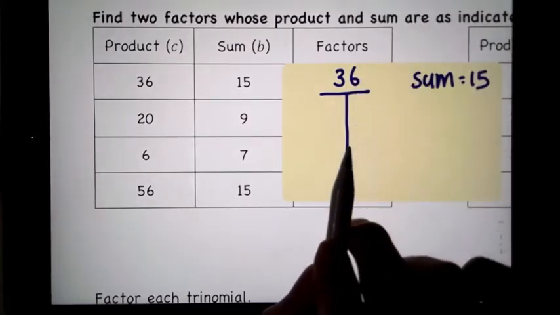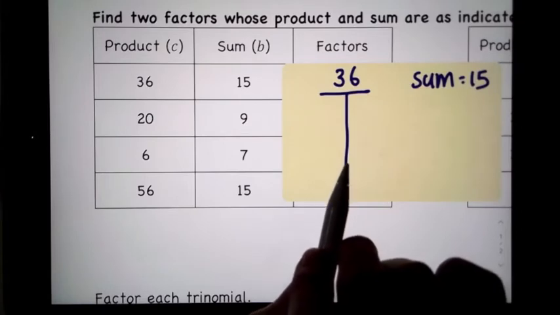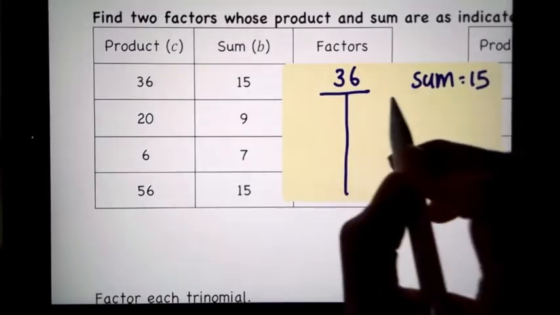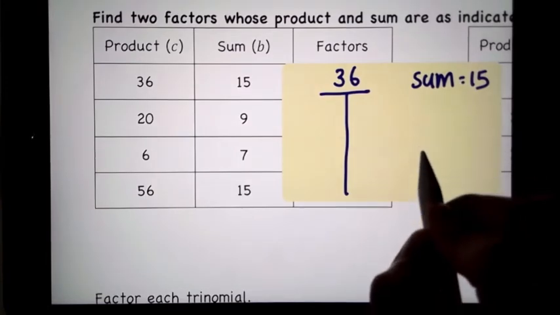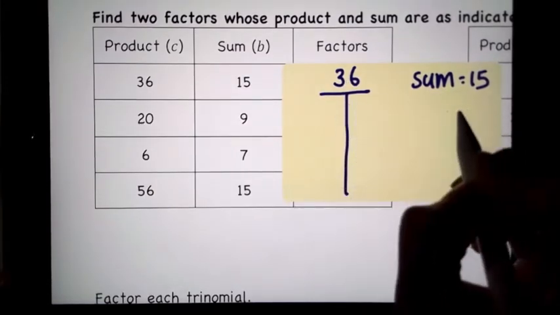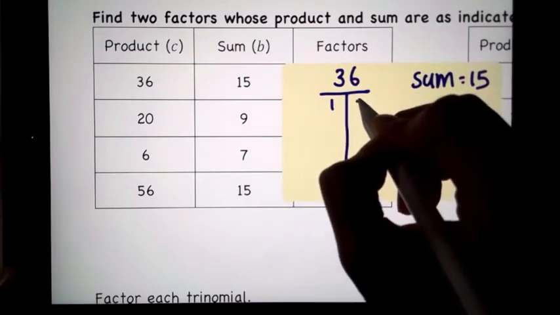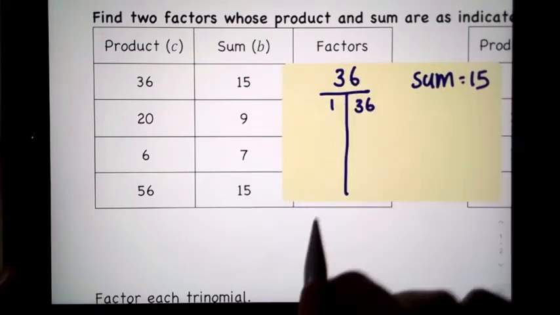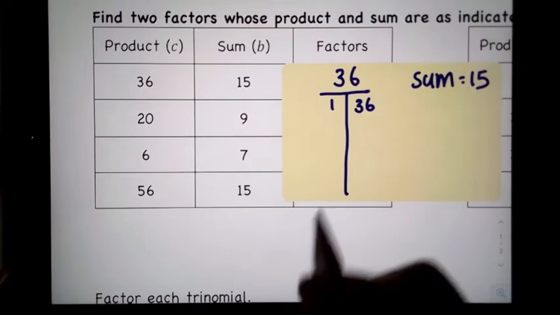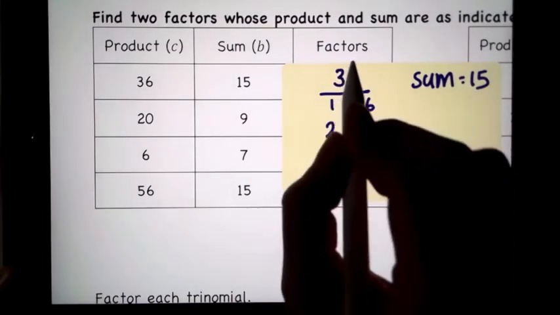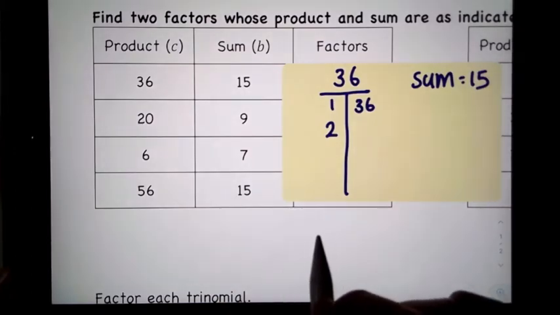You already have your factor table. You can use that, or you can make it. So let's divide 36 by all possible integers. I'm going to start with 1. Then 1 times 36 is 36, right? So like this, I'm breaking the number 36. And then what about 2? 36 divided by 2, you get 18.